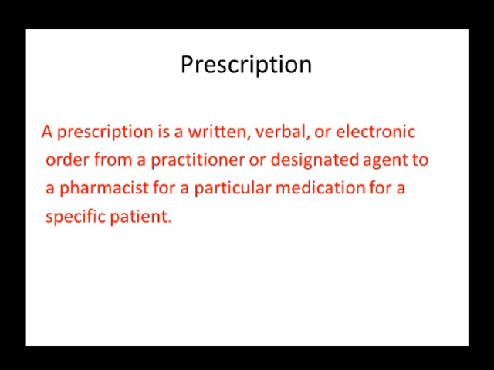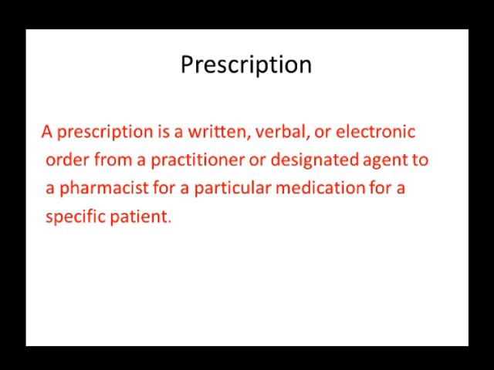There is a piece of paper, you write the names of the drugs and so on, so it becomes a written order. Sometimes, very rarely, it can also be a verbal order which ultimately is recorded onto the paper. It cannot be that you don't document it. You need to document all drugs given to an individual. So verbal ultimately gets converted to a written document, or nowadays it can be an electronic format.